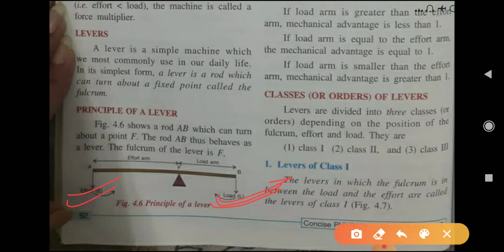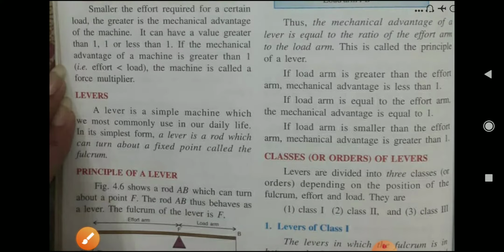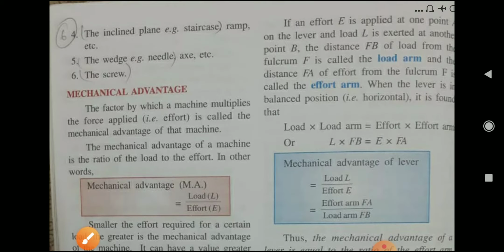So the distance between the fulcrum and the load is called the load arm, and the distance between the fulcrum and the effort is known as the effort arm.